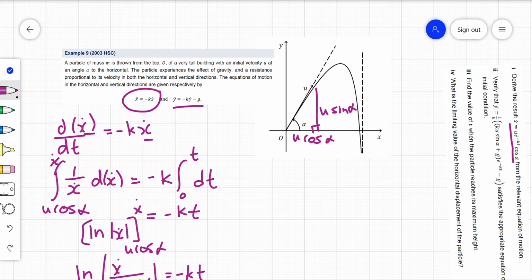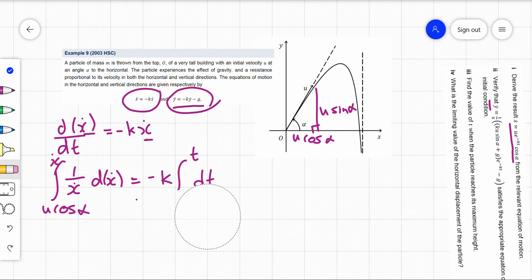So we're going to differentiate y dot, get y double dot and express it in terms of y dot. And hopefully we get back to this equation. That's how we verify that this satisfies the solution. And then of course we want to look at the initial condition as well, but we'll do that next.